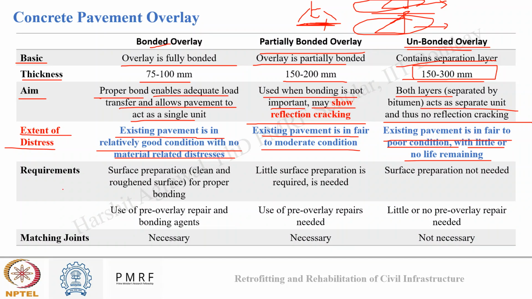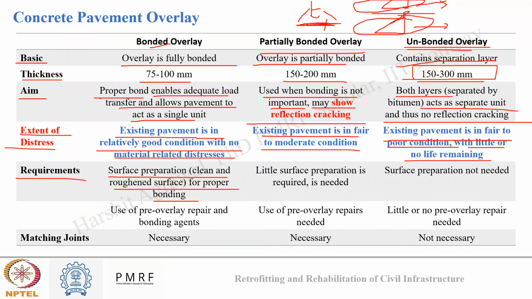Okay, now what are the requirements for each of these types? In case of bonded overlay, surface preparation becomes very important, because we need bonding between both overlay and the existing pavement. While in partially bonded and unbonded overlay, surface preparation may or may not be required, since my overlay layer is acting as an independent unit.